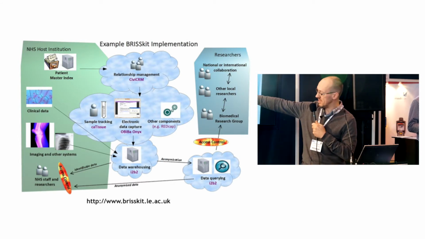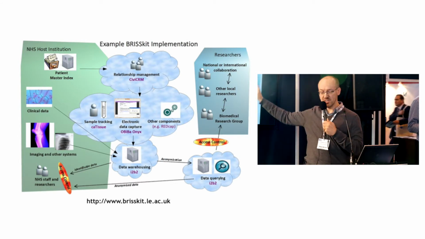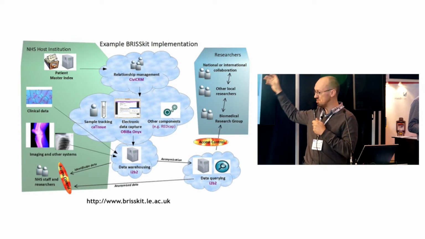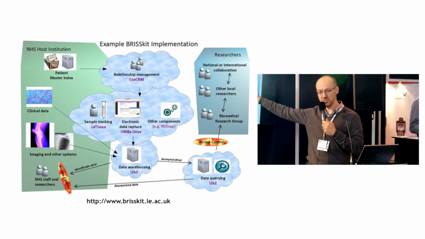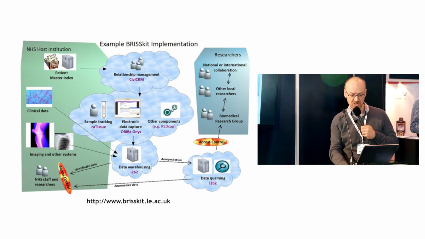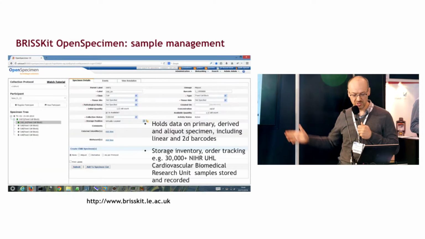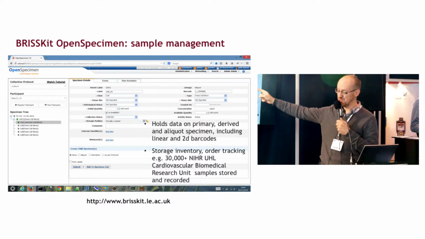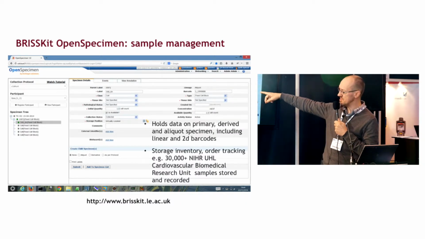So in the middle here, our whole architecture is done in an open way that allows you to plug in your own components as well. Again, this is what especially the more technically minded researchers want to be able to do. So the next component is OpenSpecimen.